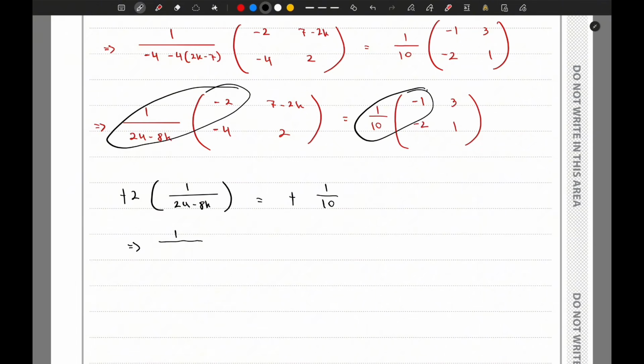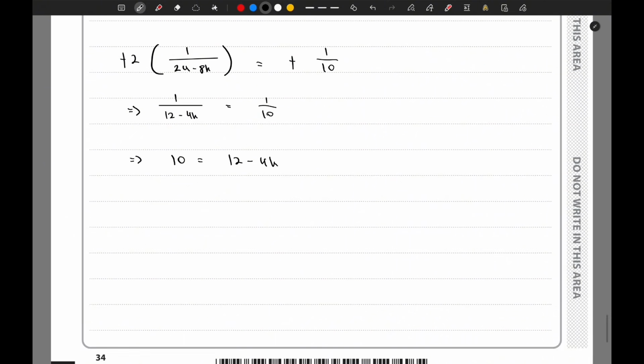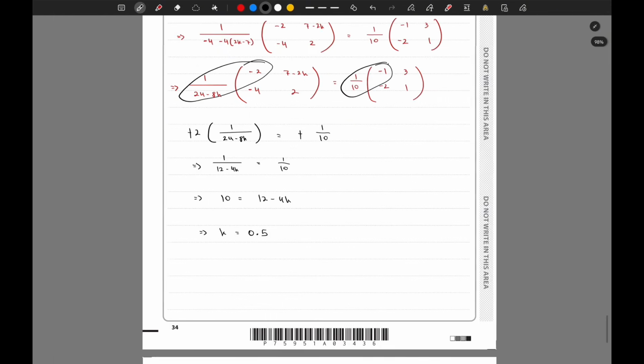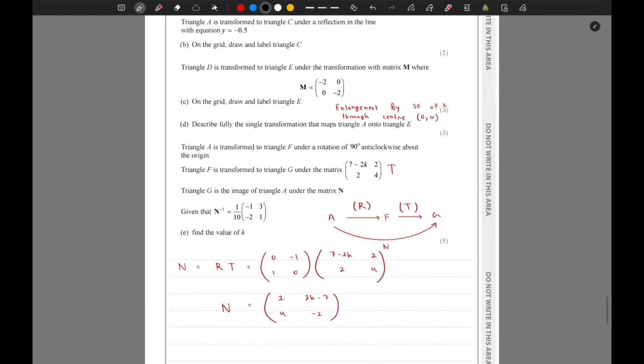So it's 1 over 12 minus 4k equals 1 over 10. So I can say that 10 equals 12 minus 4k. So k is equal to 0.5. So that is the answer to this question.